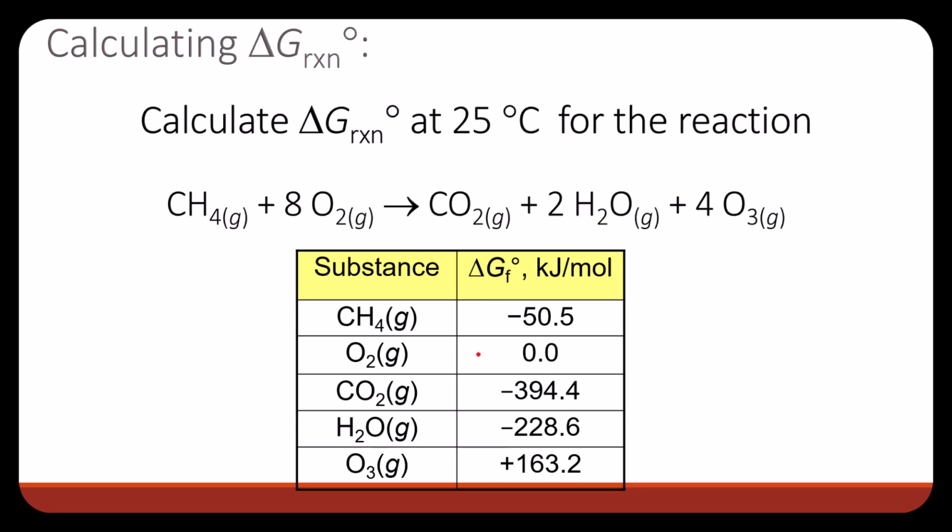One thing to point out is if something is in its elemental form, we don't get any energy released because that's just how it exists. So the energy for its standard form is just 0. But anything else is going to have some sort of energy associated with it, whether it's releasing or it is absorbing. There's going to be some sort of energy associated.